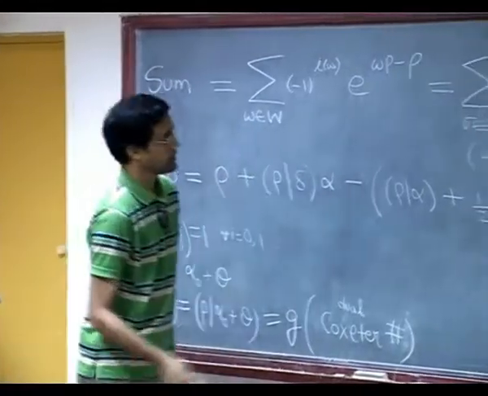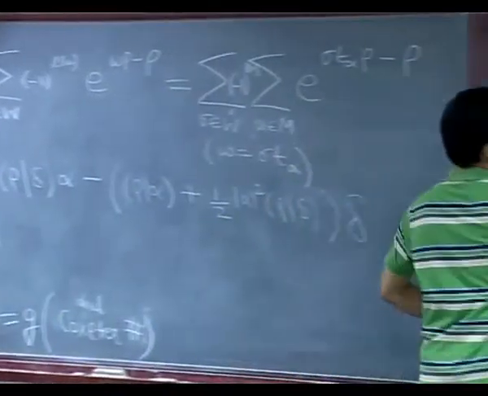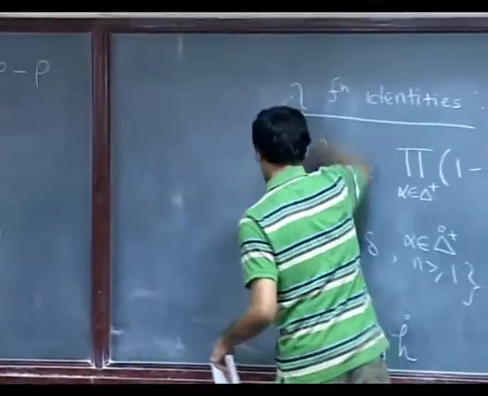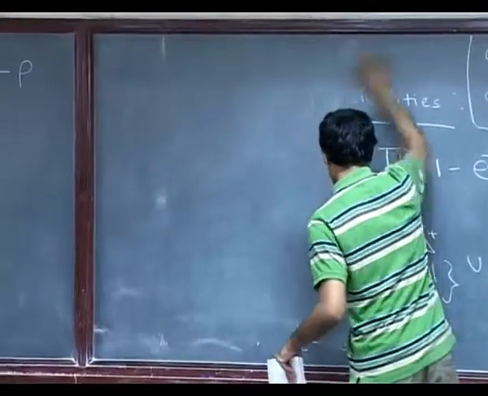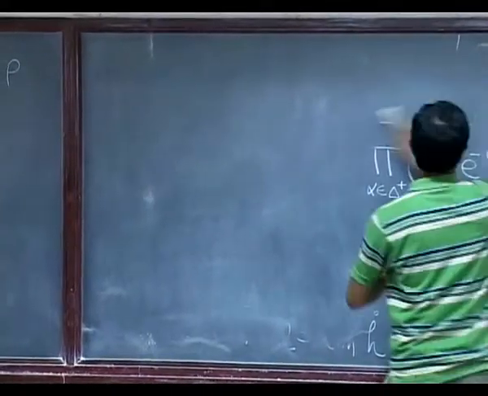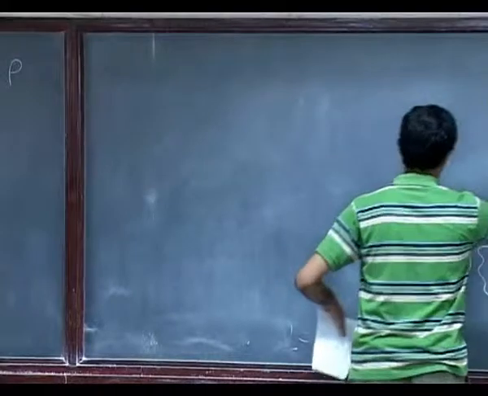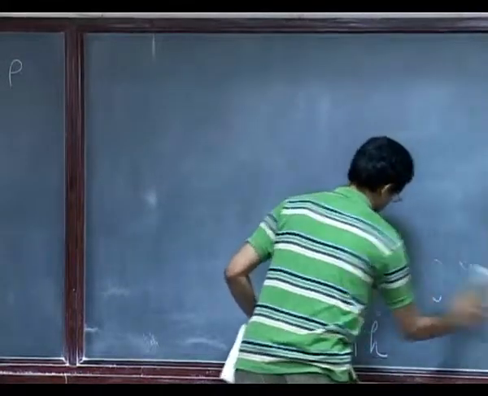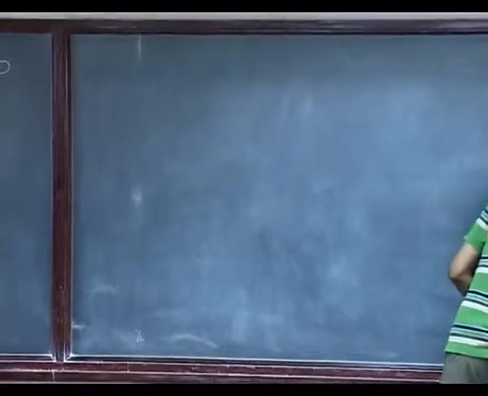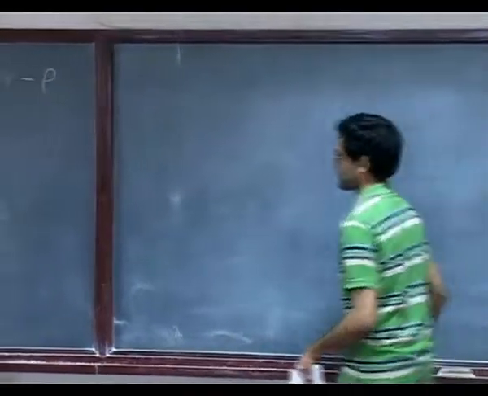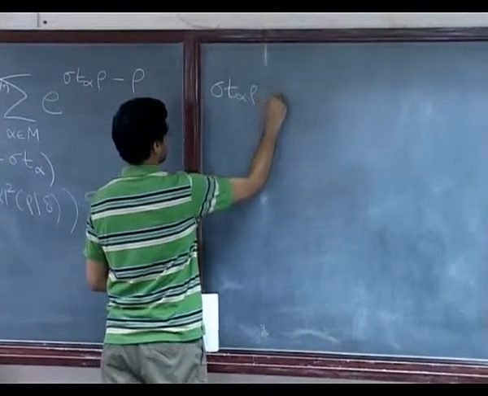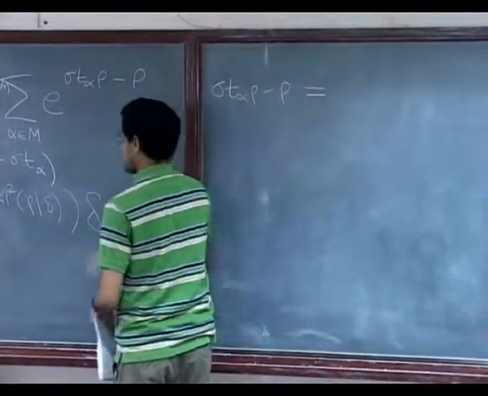Okay, so that's the thing. Let's plug in sigma T alpha rho. I need to act sigma on this.